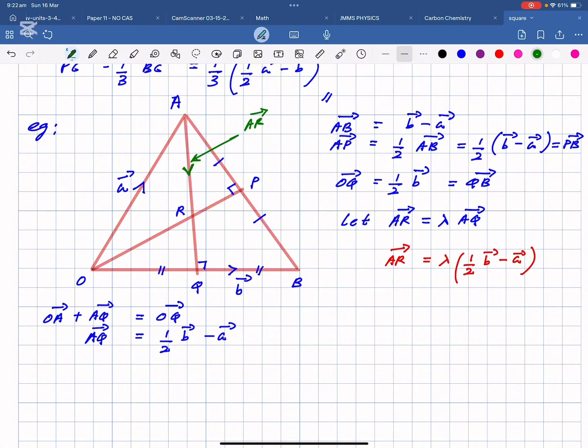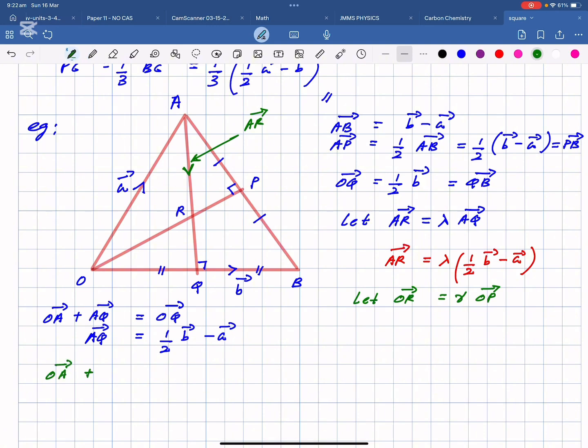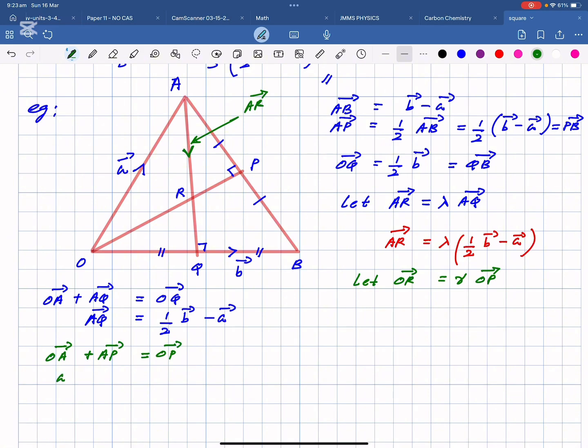Now let OR be equal to gamma OP. Gamma OP. Right? Makes sense. What is OP? We have to find it. So I'm going to use this plus this is equal to this. It's all vector addition. Then I'm going to say OA plus AP is equal to OP. Right? So OA is equal to A. AP is equal to, do we have AP?